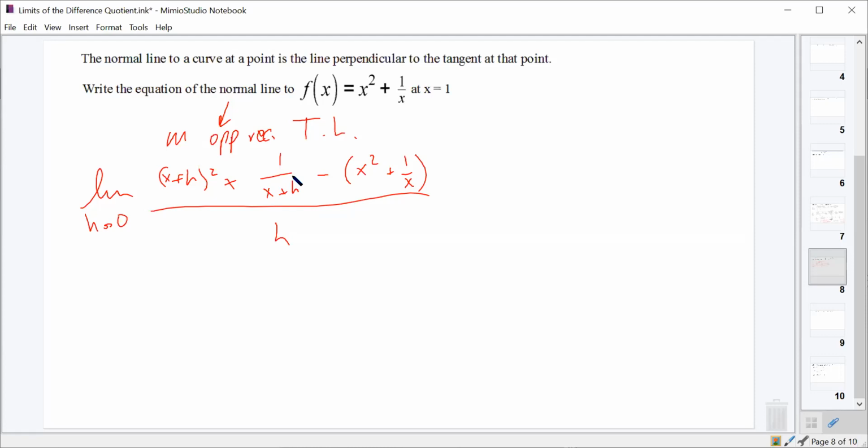And it looks like that's going to be a bit of a pain. It's not hard to find the denominator in common. It's x plus h times x. That means I have to multiply this by x over x, this by x and x plus h over x and x plus h, and this by x plus h over x plus h. It's a lot of multiplication.